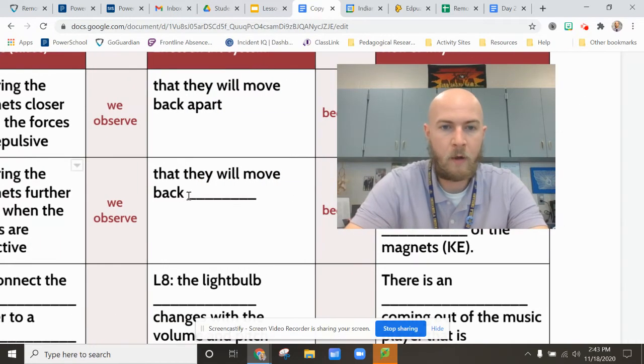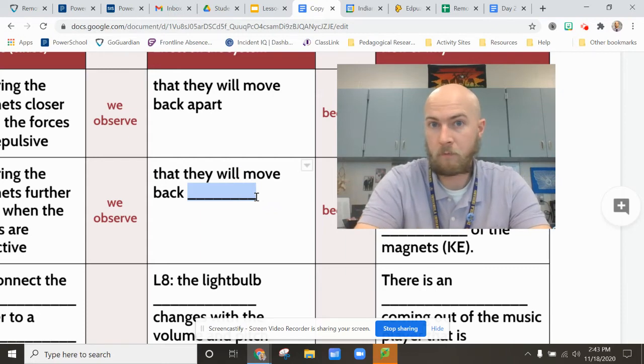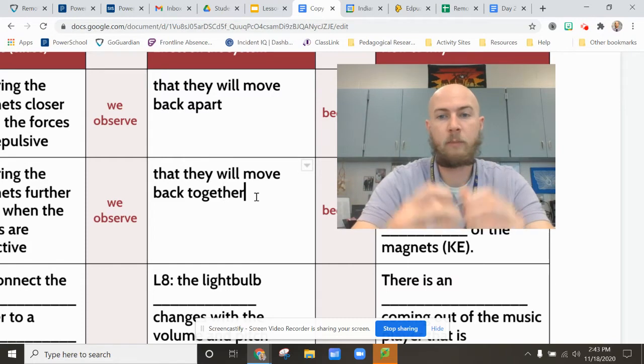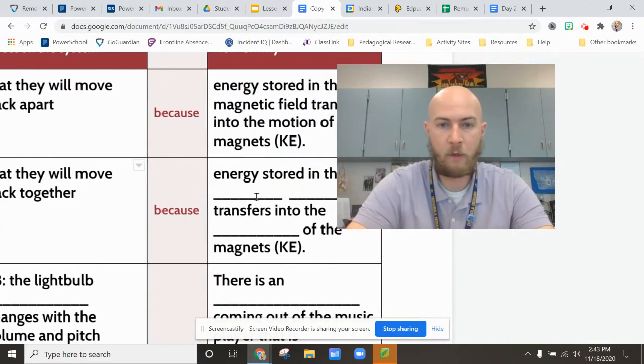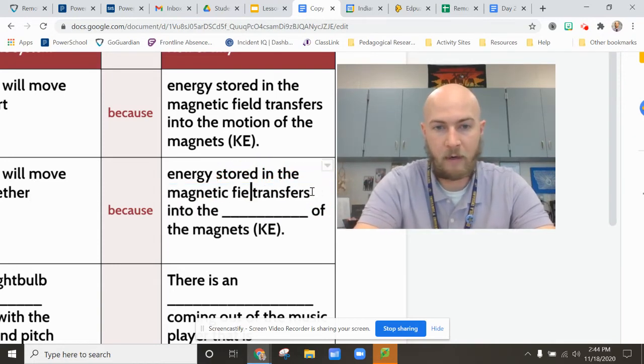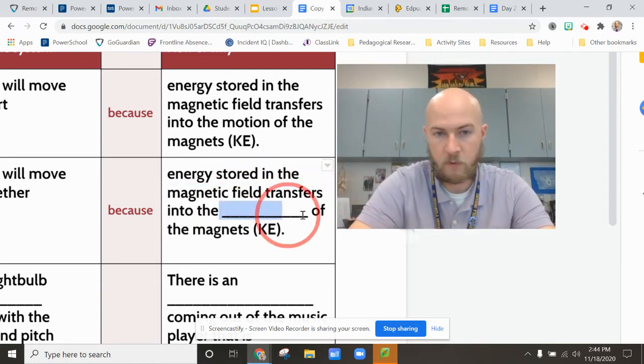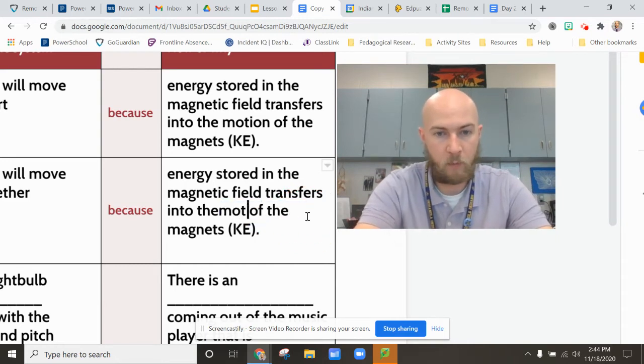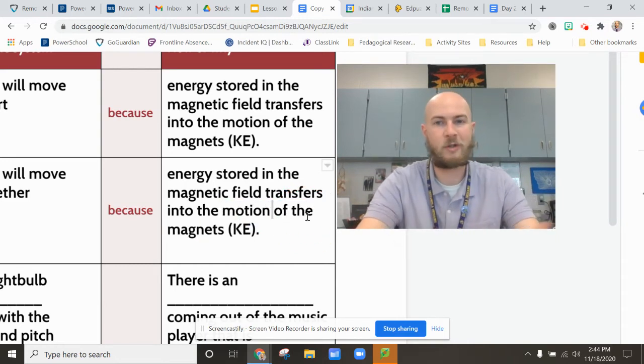When we did that, we saw that they should move back together if we pulled them apart. And the reason for that is exactly the same: the energy that was being stored in the magnetic field transfers into motion, and we see it as kinetic energy.